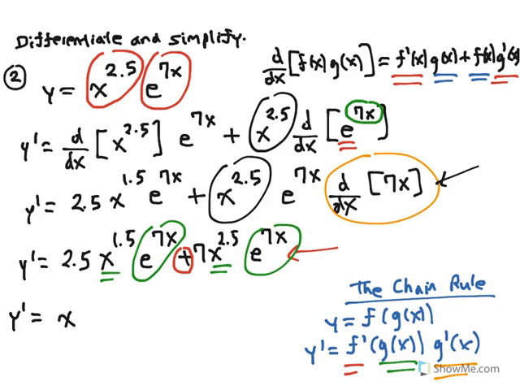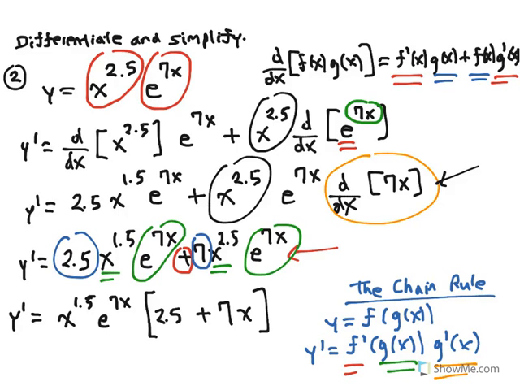So we can factor out x to the 1.5 power times e to the 7x, and from the first term we will be left with 2.5, and then from the second term we'll be left with 7 and x to the first. So this is our final answer.